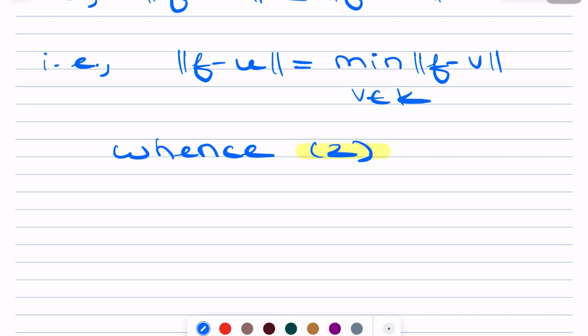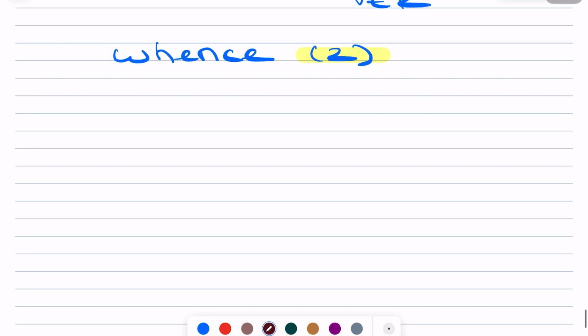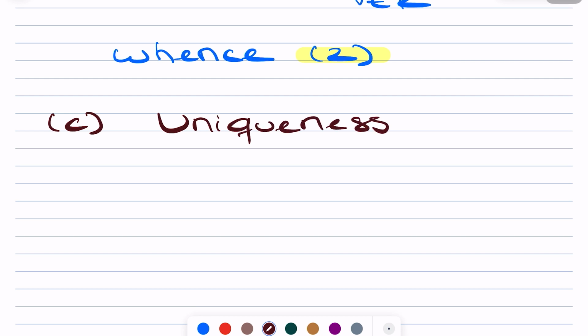Good. Now finally, we show uniqueness, which is rather straightforward.